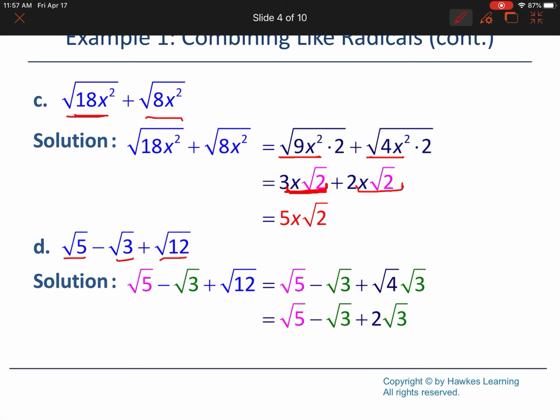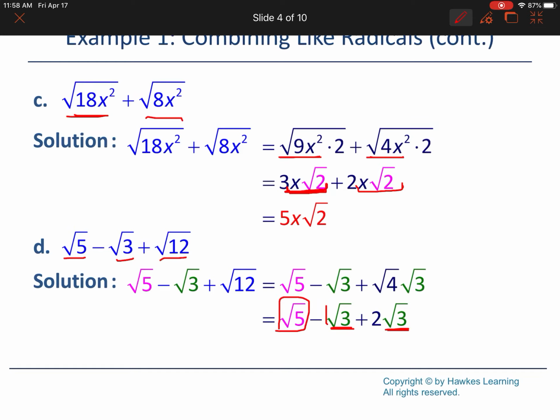All right, so the square root of 5, there's no like terms with that one, right? I don't have anything I can add together. But the square root of 3 is in common here. So since there's not a number here, it would be a 1, right? So I have negative 1 square root of 3 plus 2 square root of 3.